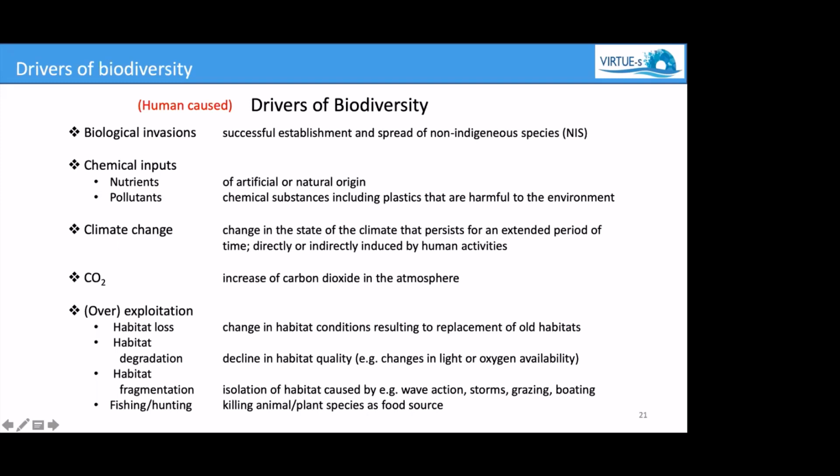It's a very actual topic now, climate change. And carbon dioxide increase, which will lead to ocean acidification, and then exploitation or over-exploitation of the habitat, which will lead to habitat loss, degradation, fragmentation, and loss of species because of overfishing or too much hunting.